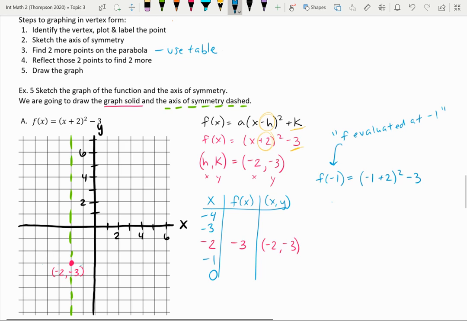And then I'm going to simplify everything on the right-hand side. So order of operations, here we go. I have to do what's inside parentheses first. -1 plus 2 is 1. 1 squared is 1. 1 minus 3 gives me -2. So when I plug in -1, I get out -2. What's that coordinate? -1 comma -2. -1, -2, make a dot.